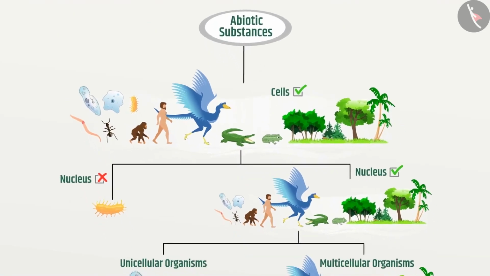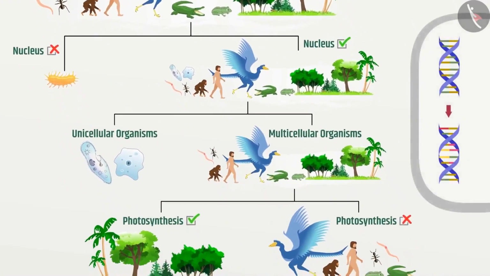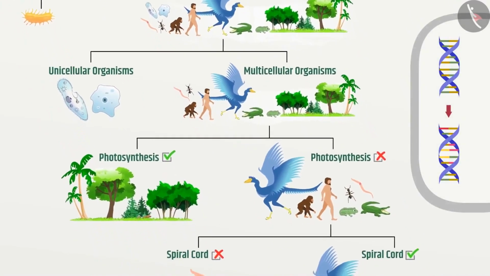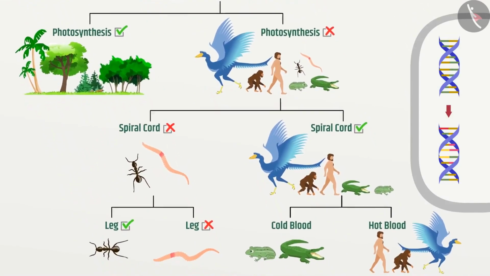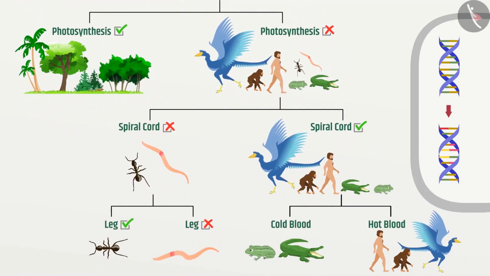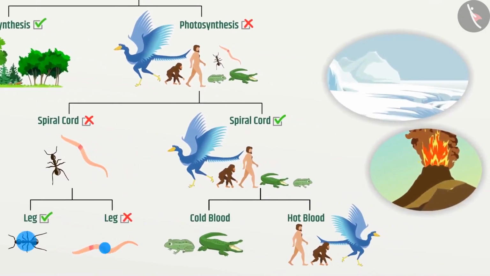If we look at the hierarchy, we will know that because of mistakes in DNA copying and as a result of sexual reproduction, there are microscopic changes from generation to generation. As a result, variations have occurred which have led to different species. We also see that the species which are adapted to changes in the environment survived, whereas those species which were not adapted vanished.